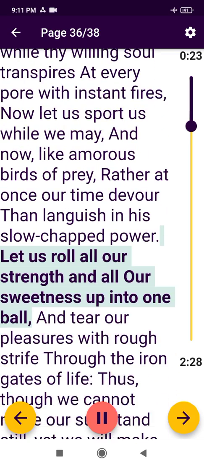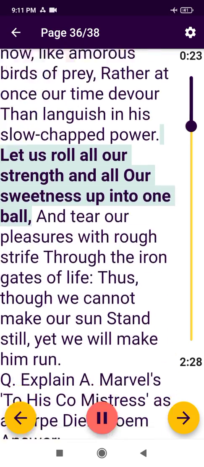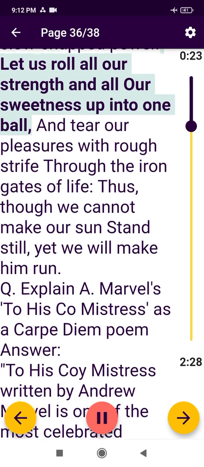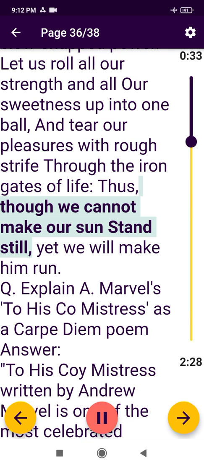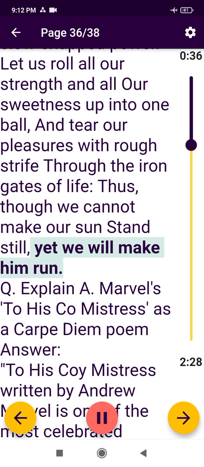Let us roll all our strength, and all our sweetness up into one ball, and tear our pleasures with rough strife through the iron gates of life. Thus, though we cannot make our sun stand still, yet we will make him run.